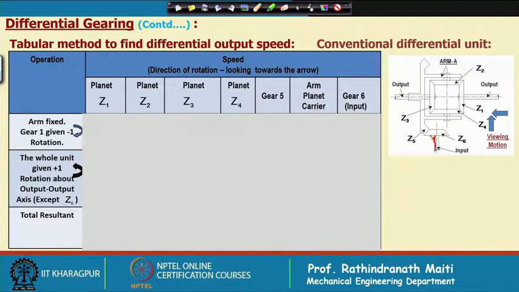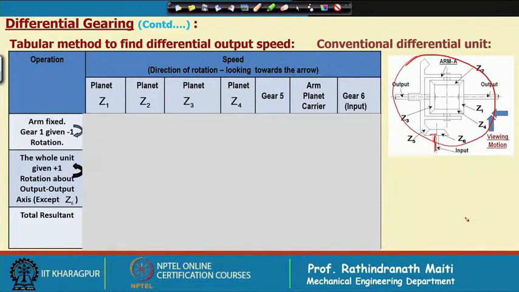Then there is a bevel pinion. Usually this is a spiral bevel gear and spiral bevel pinion, this is the tail shaft, and then there is a gear, and this is the differential unit.